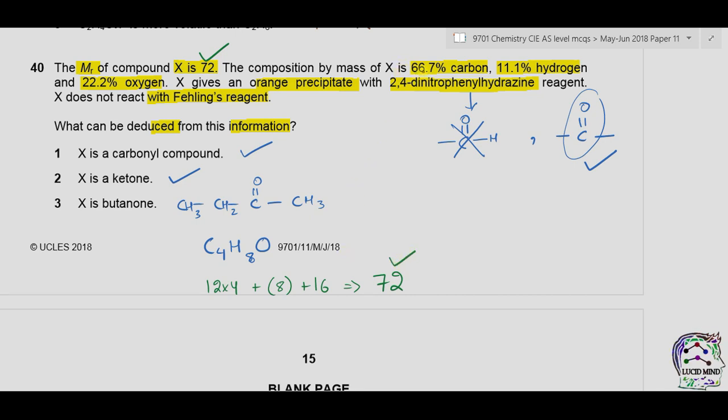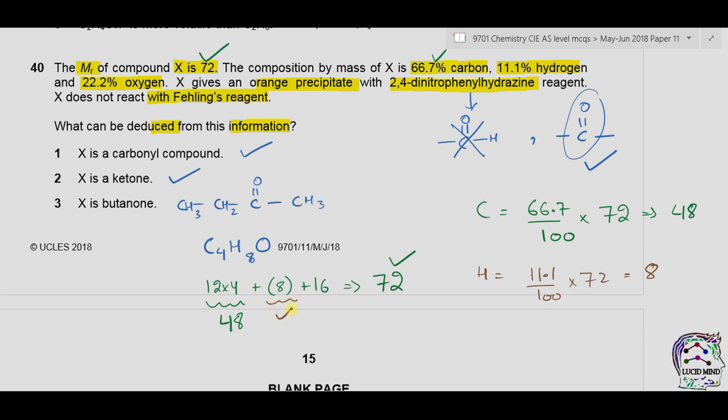Second is the percentage. Percentage of carbon is 66.7%. So carbon equals 66.7 divided by 100 times the molecular mass, which is 72. So it comes equal to 48. As we can see, the atomic mass of carbon is 48 in this compound. So this is true for this percentage. Similarly, the percentage of hydrogen is given as 11.1% times the molecular mass of this compound, so it comes equal to 8.